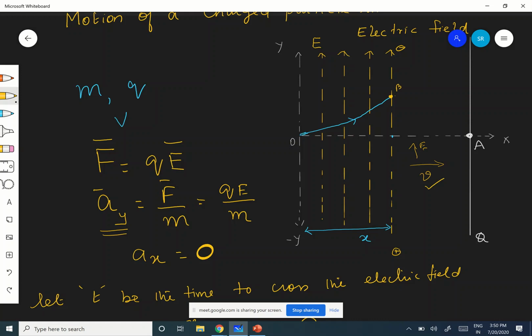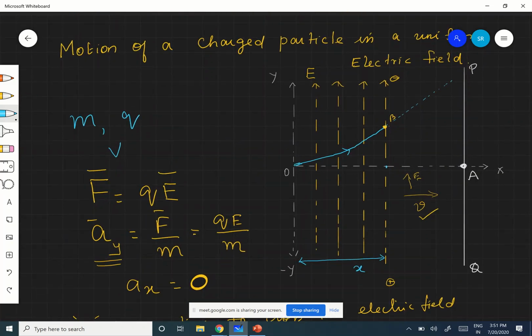See, if you draw a tangent, because till then there will be a curved path. After that, there is no field there. So if you extend that path in a straight line, because after that there is no force, there is no change in its path. Whatever, see, it is a tangent to OB at B. If you draw that, that will be the direction of motion of the charged particle.